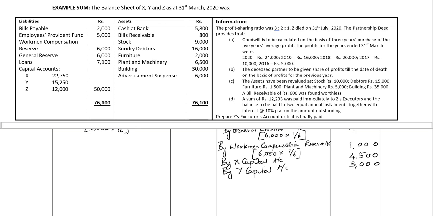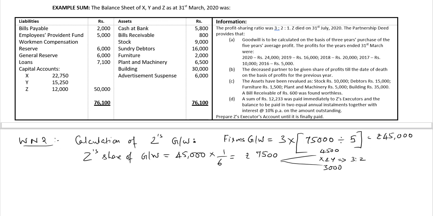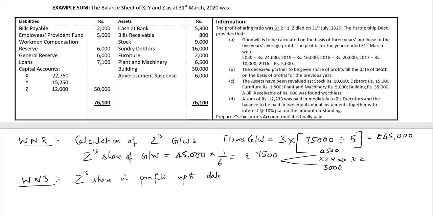Next, point B, we'll calculate the deceased partner's share of profits. Working note 3, Z's share in profits up to date of death. It says it's based on the profits for the previous year.